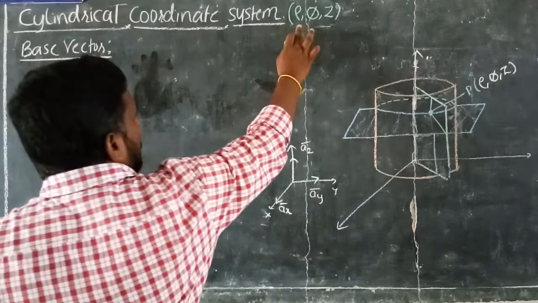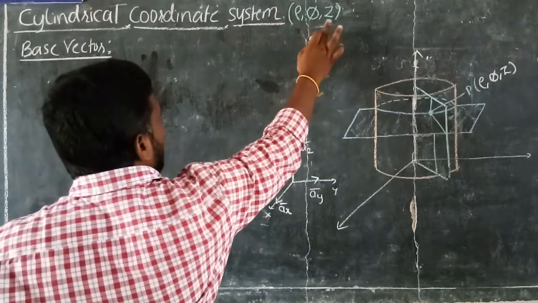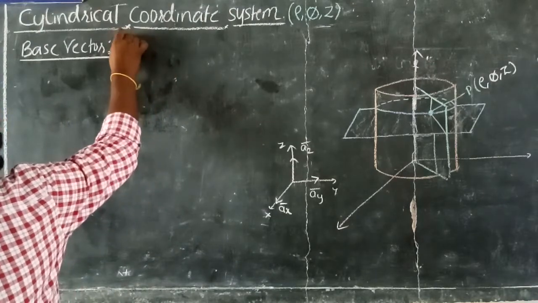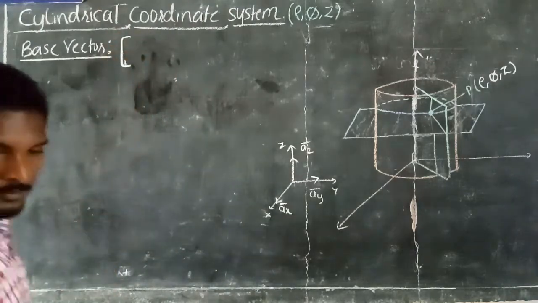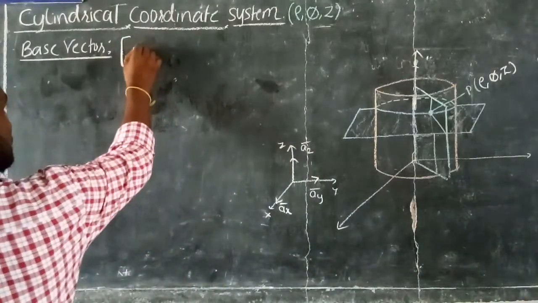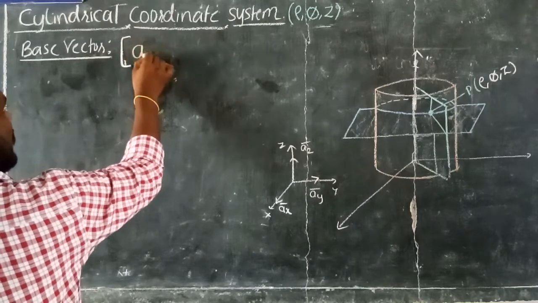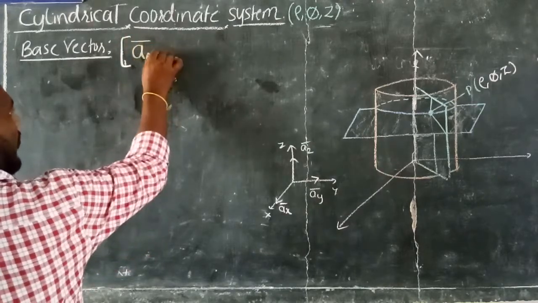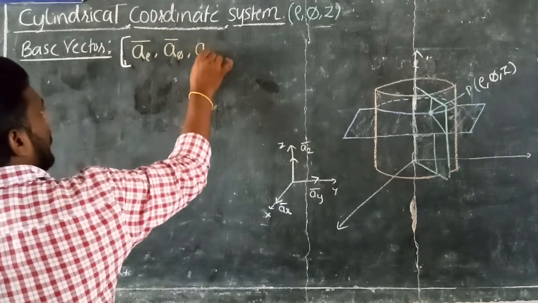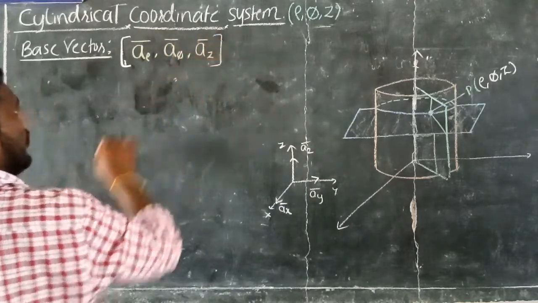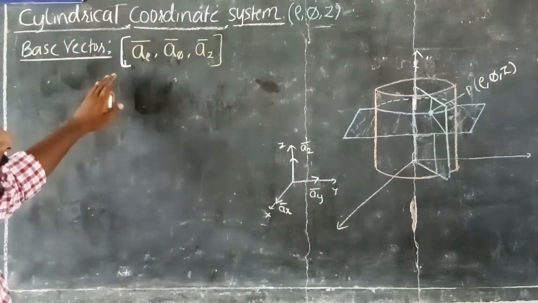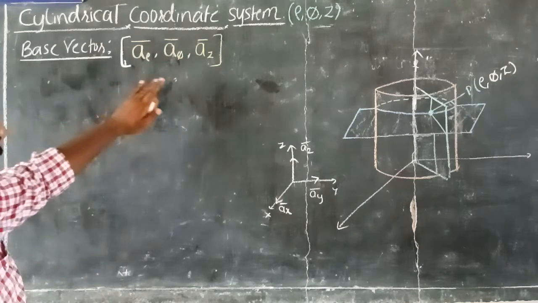As the axes are rho, phi, z, the unit vectors are a rho bar, a phi bar, and az bar. These three are the unit vectors in the cylindrical coordinate system. Now we will see how they are oriented in the cylindrical system.